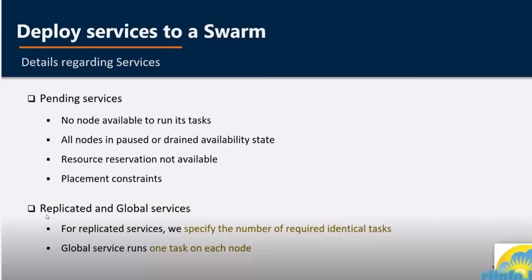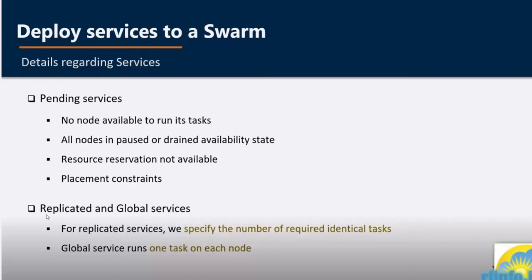Let's talk about replicated and global services. For a replicated service, you specify the number of identical tasks you want to run. For example, you decide to deploy an HTTP service with 3 replicas, each serving the same content. The services we have run on our Docker Swarm till now have all been replicated services.